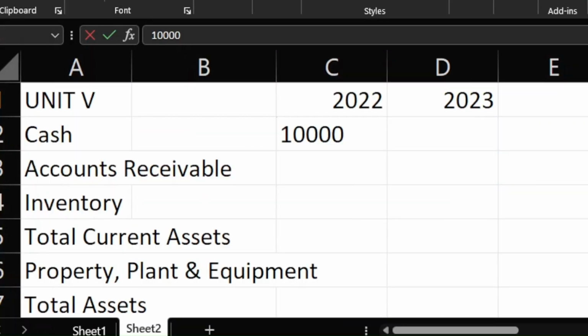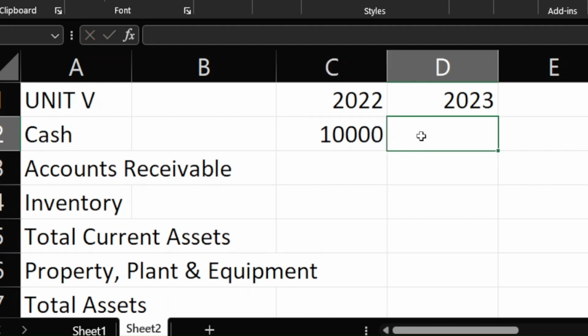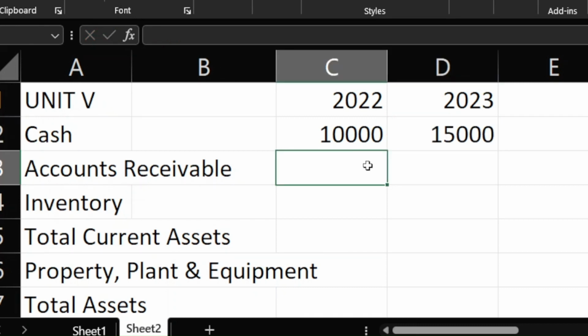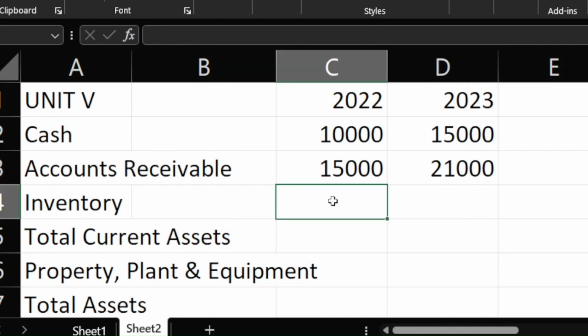Okay, let us see. Cash, I'm taking 10,000 here, and in another year it is 15,000. Accounts receivable is 15,000, and in the other year it would be 21,000.